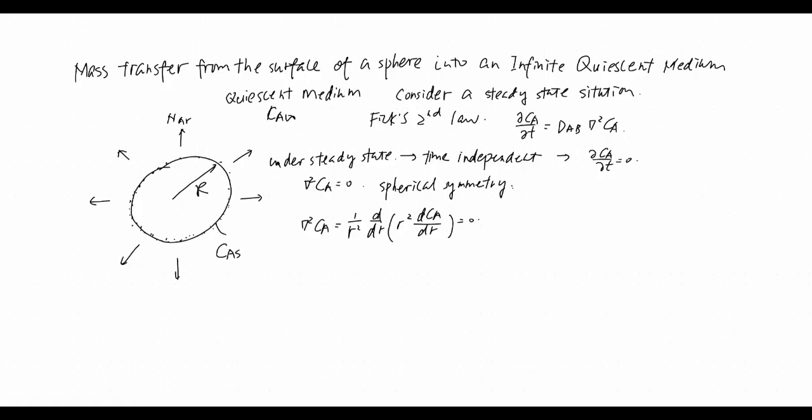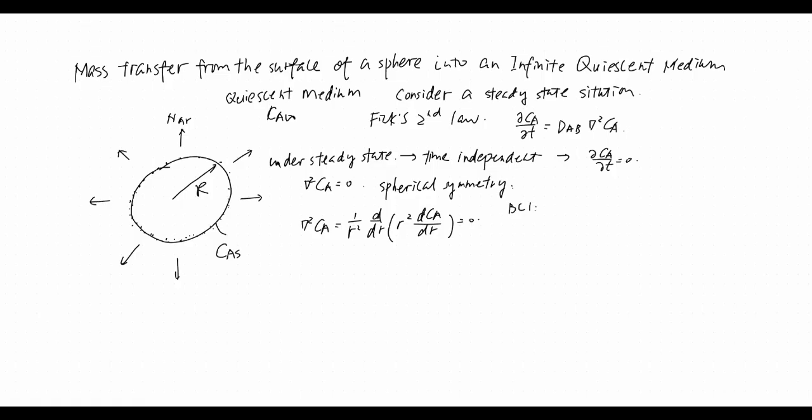And we have boundary conditions. Whenever you write down a governing equation for your problem, the first thing you want to do is specify its boundary conditions. We need two boundary conditions because it's a second order derivative.